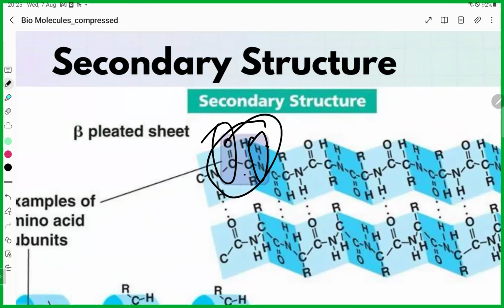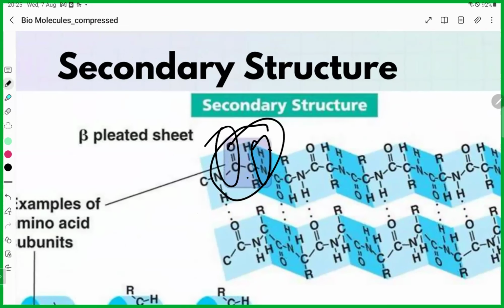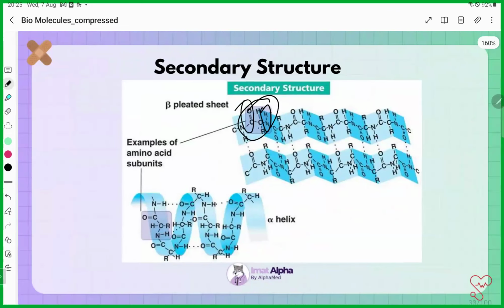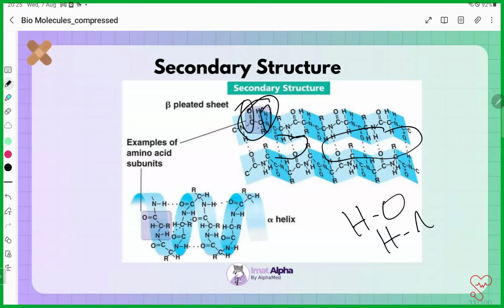No, here it's the amino acid, but it's making peptide bonds with the other ones. And the hydrogen bonds are these. Hydrogen bonds usually occur between hydrogen and oxygen, hydrogen and nitrogen, hydrogen and chlorine. Here hydrogen bonds occur between a hydrogen and an oxygen from the first sheet to the second sheet, from the first helix to the second helix.